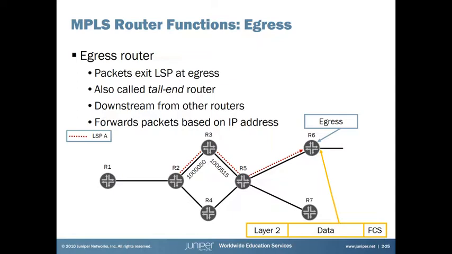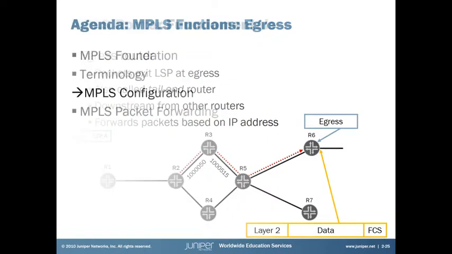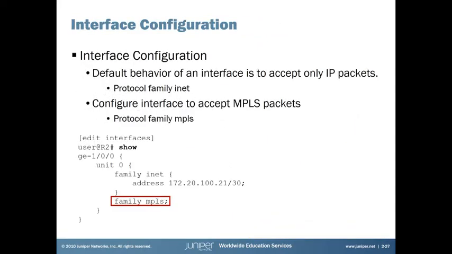Okay, so those are the basic concepts of MPLS, and now some configuration, which we'll get into today. We're going to be setting up a static path today. So we have to set up our interfaces for the MPLS functionality. We must add family mpls to our interfaces.